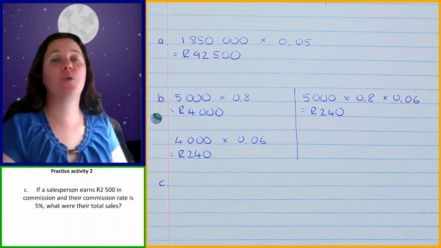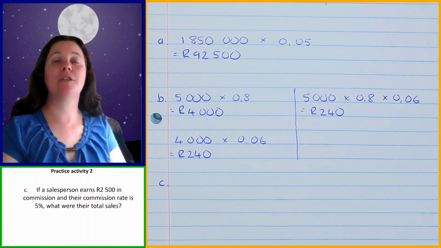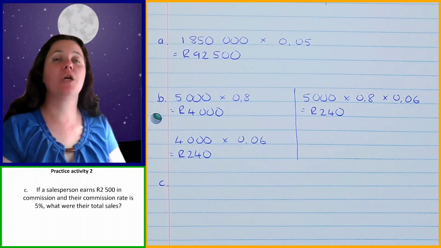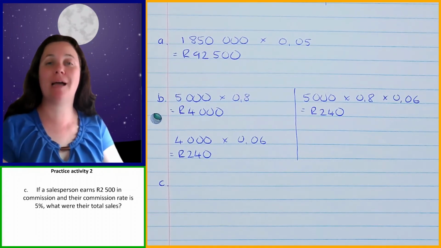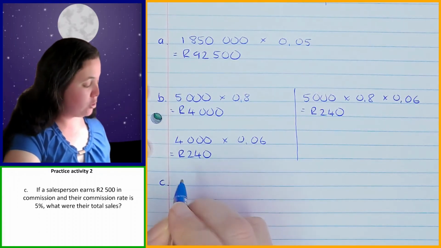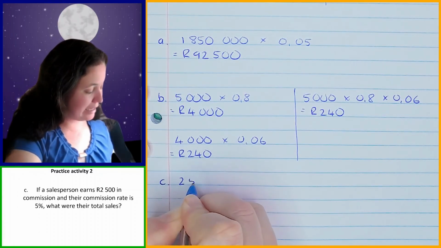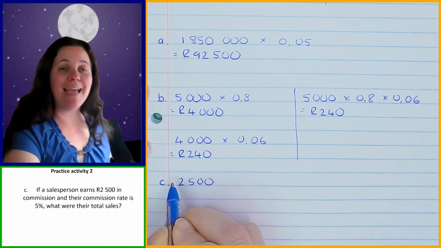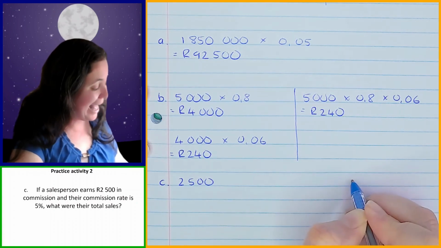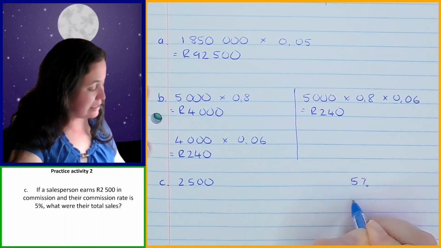So when you have a question like this, where you've been given the amount that is after the percentage change happened, what I always recommend doing is using the method of dividing by what you have and multiplying by what you want. So in this case over here, we've got 2,500. Okay, now that 2,500 is the commission. Now the commission is 5%. So we have 5%, that's the commission.